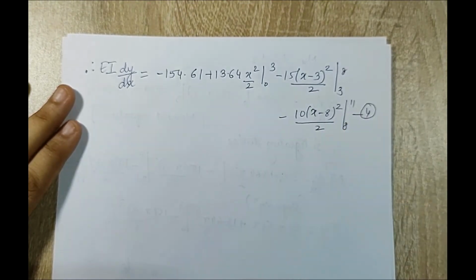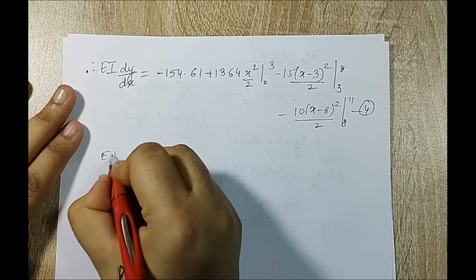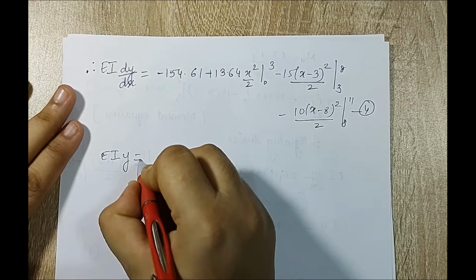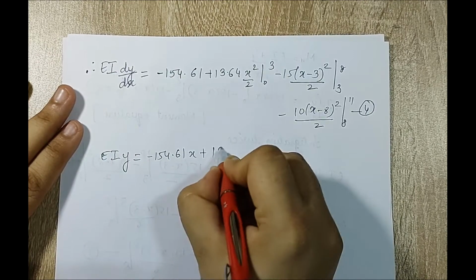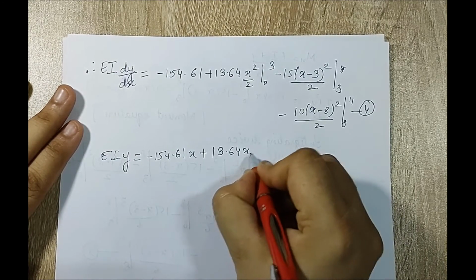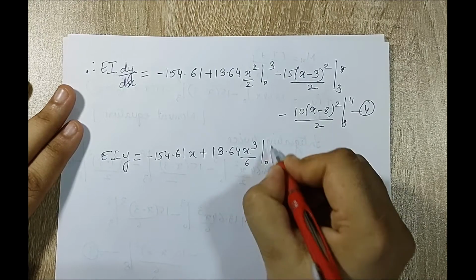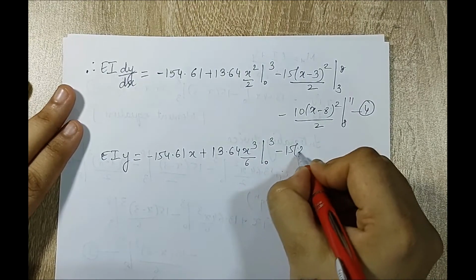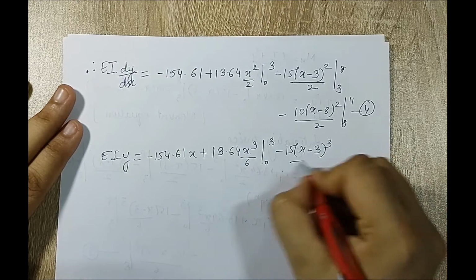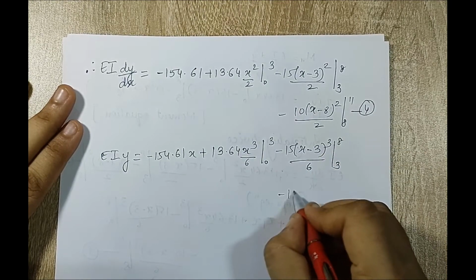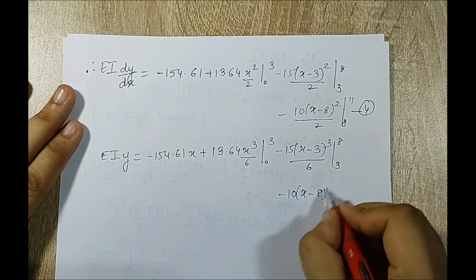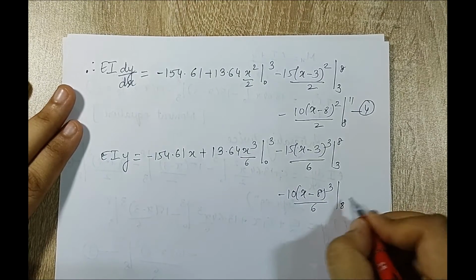This is my equation number 4, and I'll have EIY is equal to minus 154.61 x plus 13.64 x cube upon 6 from 0 to 3 minus 15 into x minus 3 cube upon 6 from 3 to 8, and minus 10 into x minus 8 cube upon 6 from 8 to 11.